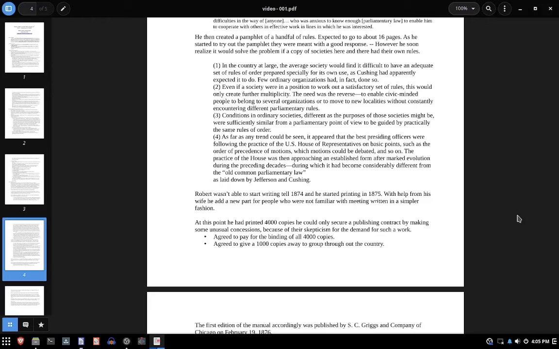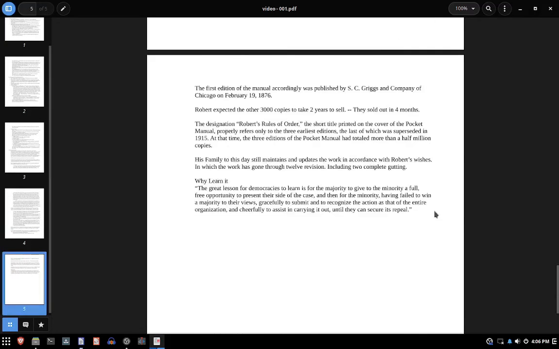This was because the publisher had great skepticism of whether these would even sell. He agreed to pay for the binding of all 4,000 copies, and then he agreed to give 1,000 copies away throughout the country to parliamentarians, to churches, to political groups, and so on.